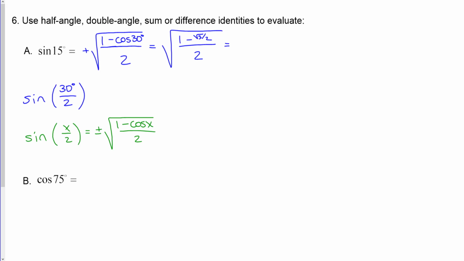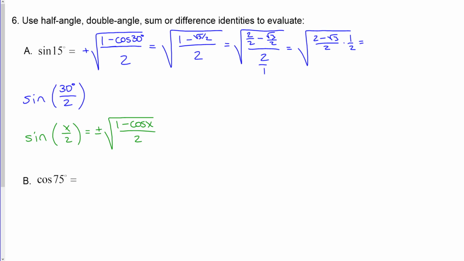And it looks like I've got a little bit of reducing I need to do. So I'll say 2 over 2 minus root 3 over 2 divided by 2, or 2 minus root 3 over 2. And instead of doing divided by 2, I'm going to invert and multiply. So times 1/2.